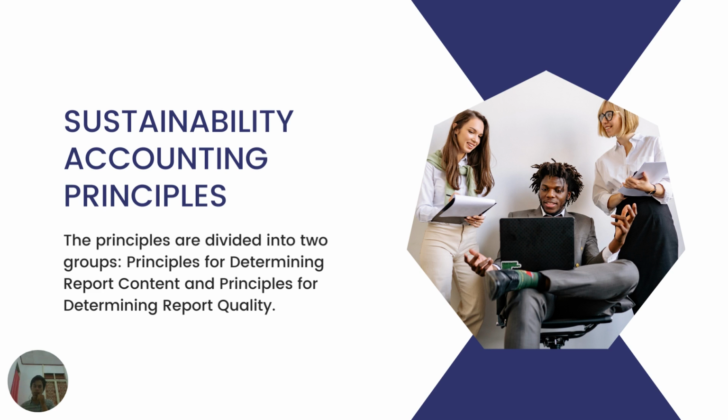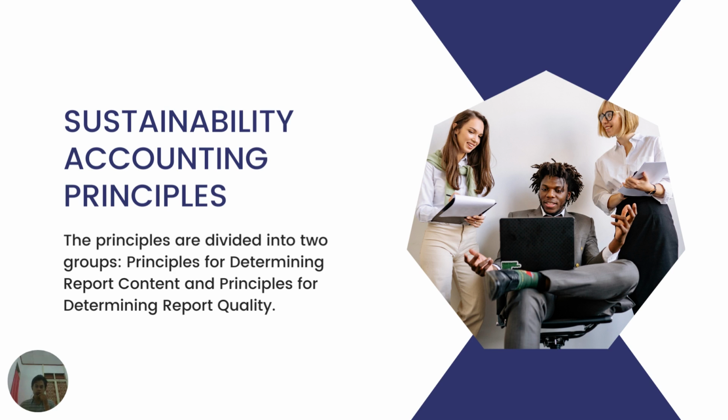The implementation guides describe the mandatory process that an organization must follow in making decisions to comply with the reporting principles. The principles are divided into two groups: principles for determining report content and principles for determining report quality.